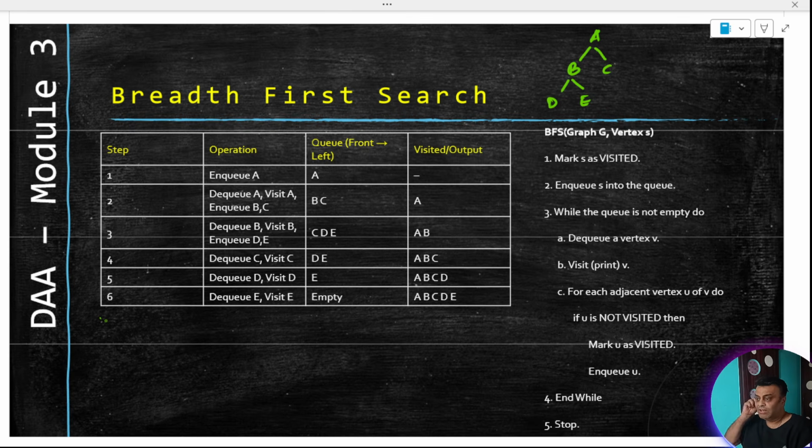Now in the queue, I will enqueue first A. I'll visit A. That means I will enqueue A. So I'm talking about a queue here, and in this queue I have enqueued A. Now the second step: we are taking graph G and vertex X as the algorithm, and we are saying the enqueue is happening for that particular node that we have not visited. Now this will be written to the queue.